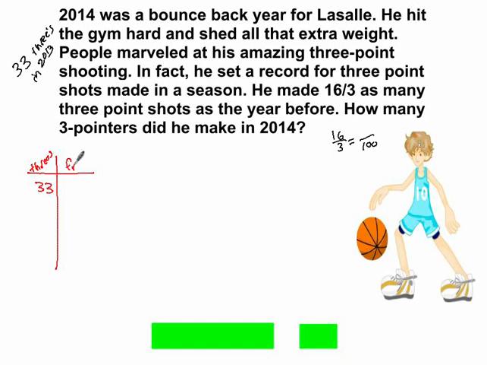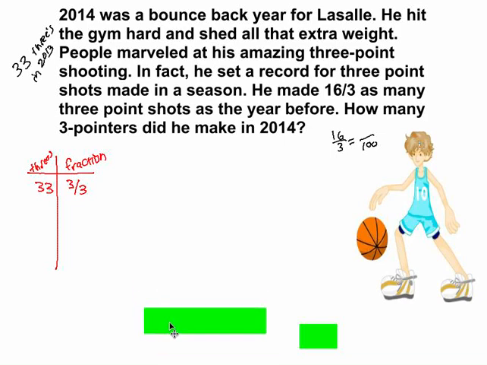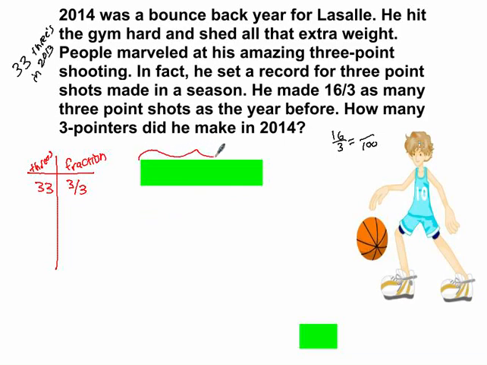As a fraction, that would be the whole. So we would call this 3/3. I'm going to show you another setup that you can use for a table that might work as well. So we would say this total, just going off the problem before, let's say this total is now 33. And that equals his total from 2013.